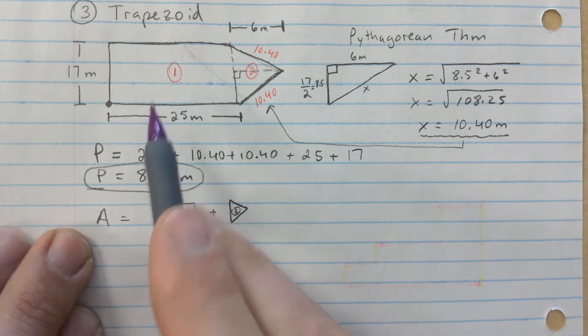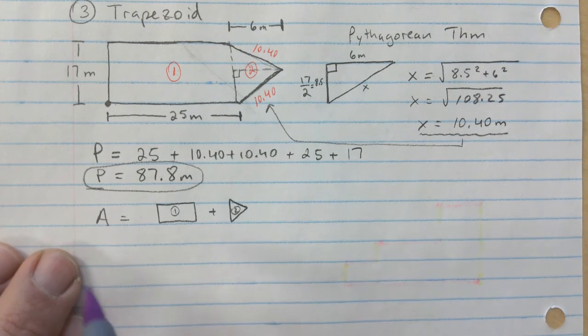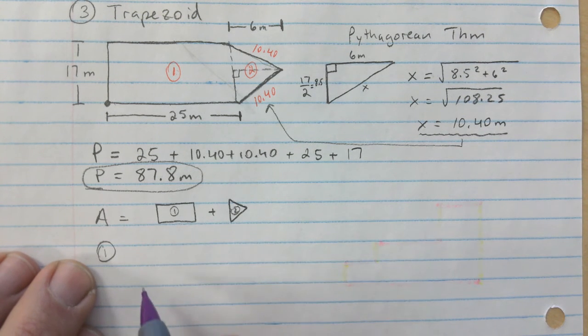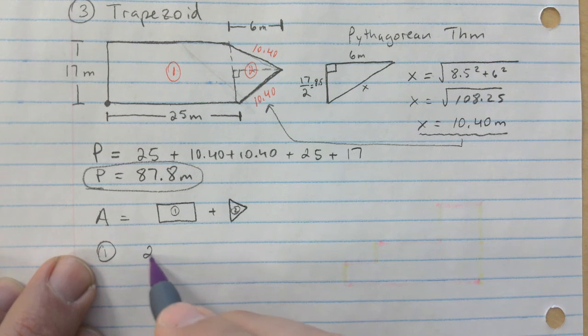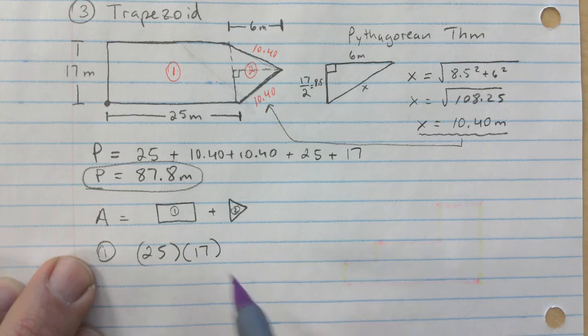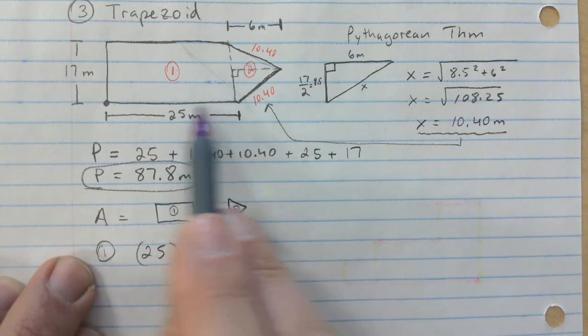To give you that shape up there. So this is called composite shapes, right? So I will do it a little differently here. So for the first one, that's just 25 times 17, right? 25 times 17 gets you the area of this rectangle.